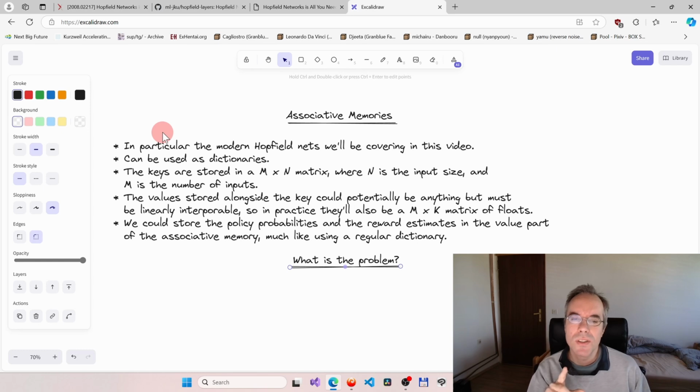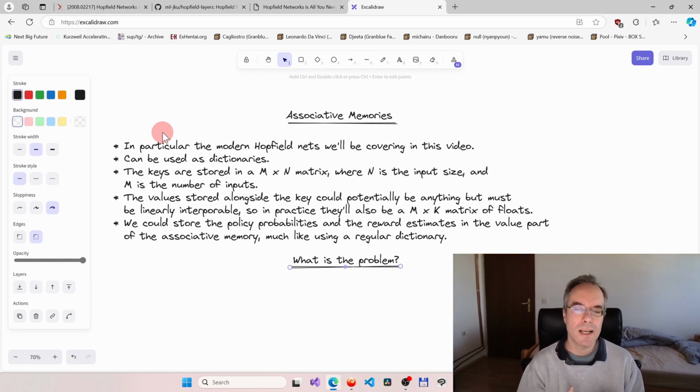The keys are stored for a modern Hopfield neural network in an m by n matrix, where n is the input size and m is the number of inputs. The values are stored alongside the key, and they could be potentially anything, but in practice they do need to be linearly interpolable.